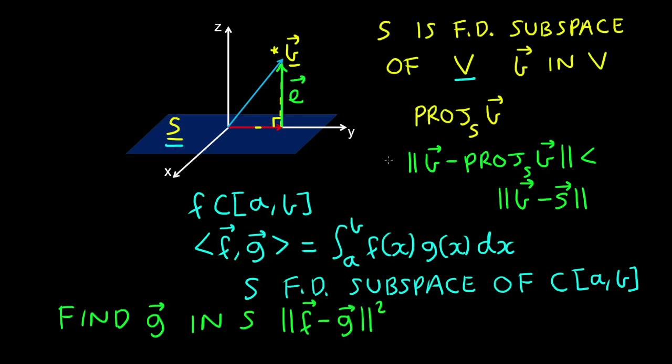So you can see the analogies to our least squares problem. So this squared norm is obtained using the inner product. So we have the integral of f of x minus g of x multiplied by f of x minus g of x integrated with respect to x.